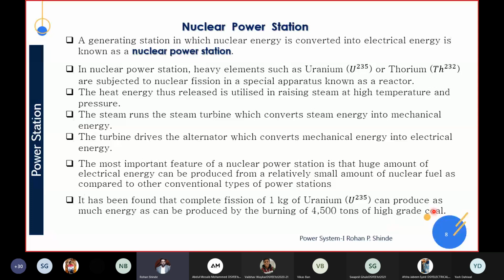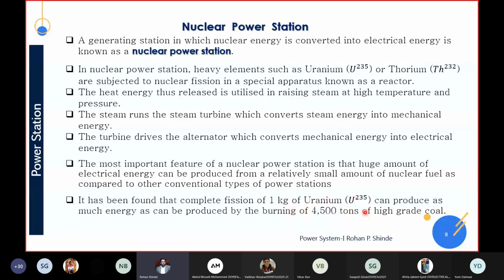So these high grade coals will be used, that is, 4,500 tons is used for the production of X amount of energy. Now see here, if we have to produce X amount of energy, a coal based power plant will use 4,500 tons of coal.